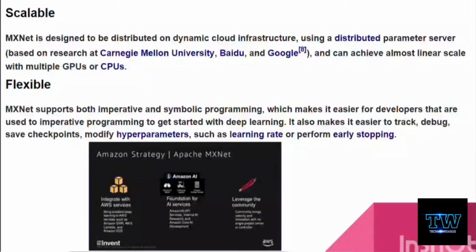Okay, it is a flexible one. It supports both imperative and symbolic programming, which makes it easier for developers who are used to imperative programming to get started with deep learning. It also makes it easier to track, debug, save checkpoints, modify hyperparameters such as learning rate, or perform early stopping.